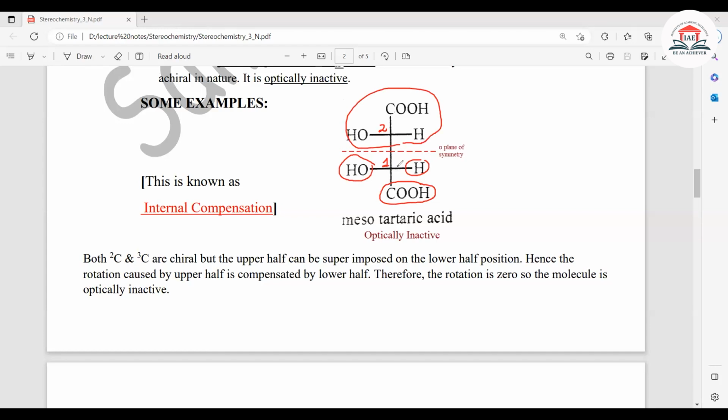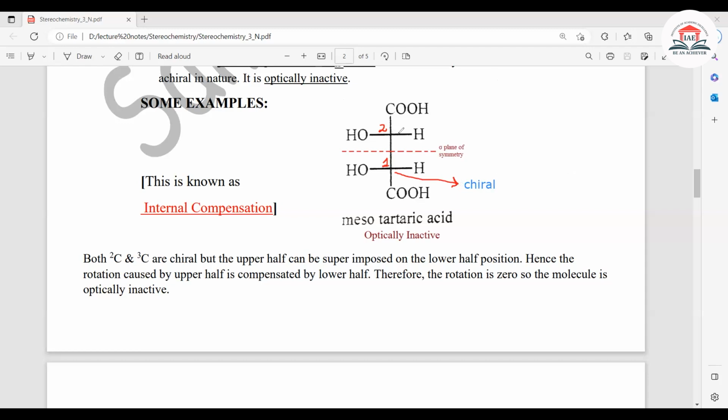That means this carbon number 1 is chiral, that is asymmetric, because I had told you in the last class, if a carbon is attached to four different types of groups, then that particular carbon is called a chiral carbon. So this carbon is a chiral carbon.